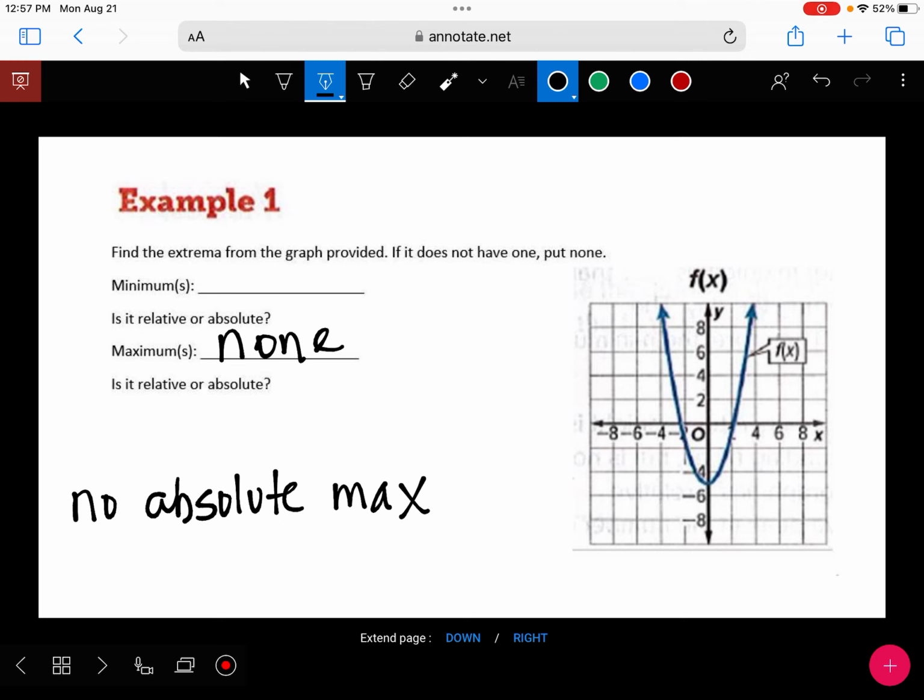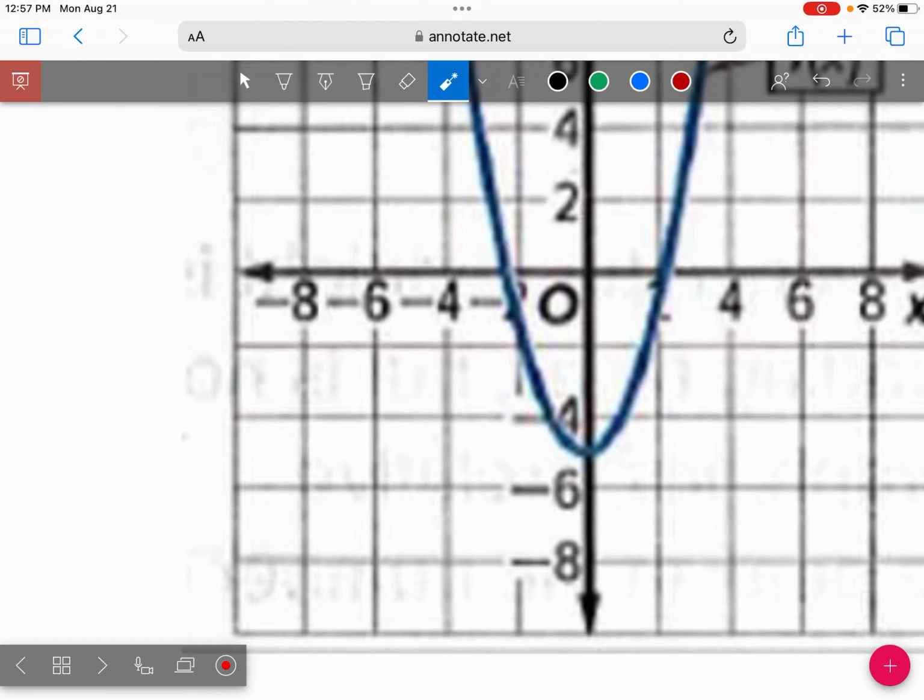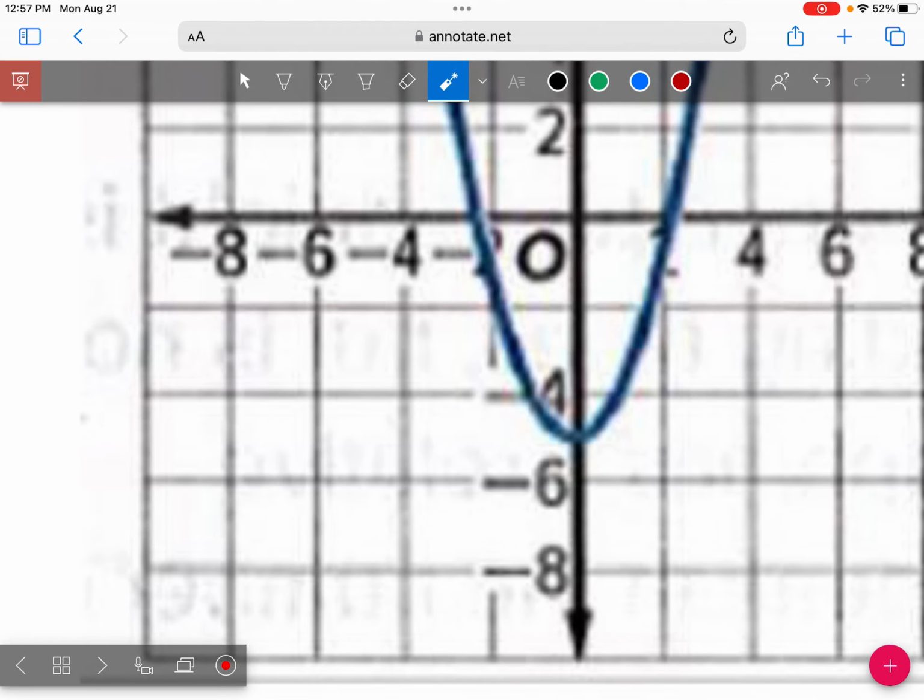But it does have a place that we can call your lowest point. And where is the lowest point on the graph? Right here. Well, let me zoom in. You can kind of see that it's halfway between -4 and -6. So about -5.